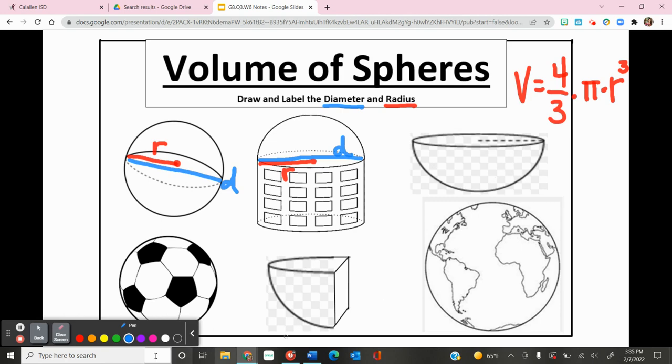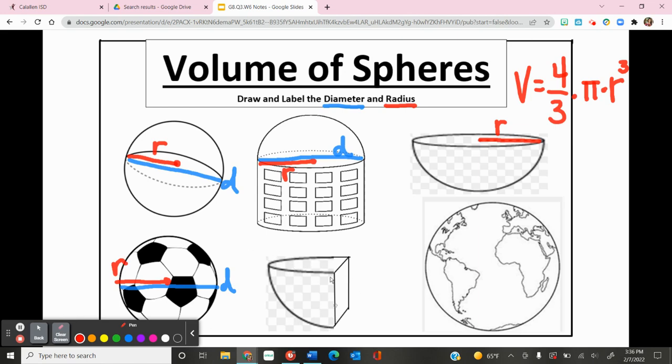Looking here, I have a hemisphere, and on this hemisphere, this line only goes halfway, so this would be an example of a radius. Looking at the soccer ball, if your line went all the way across, this would be the diameter. And again, if it only went halfway, that would be the radius.